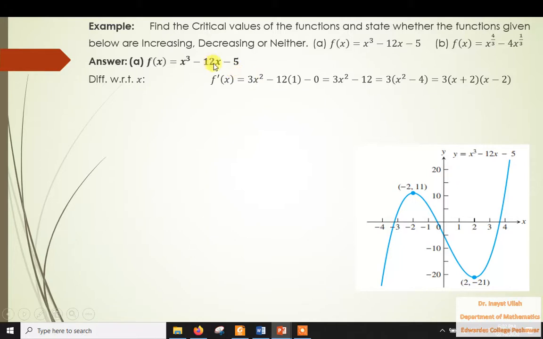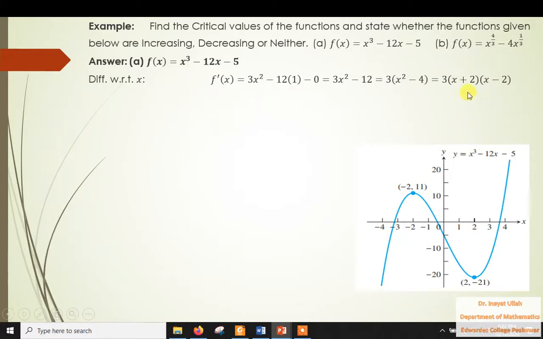The derivative of 12x is 12 into 1, and obviously the derivative of 5 is 0. So f prime x is 3x square minus 12. Taking 3 common from these two terms, we are left with x square minus 4, and factorizing x square minus 4 in this fashion. So that is the derivative of the given function.